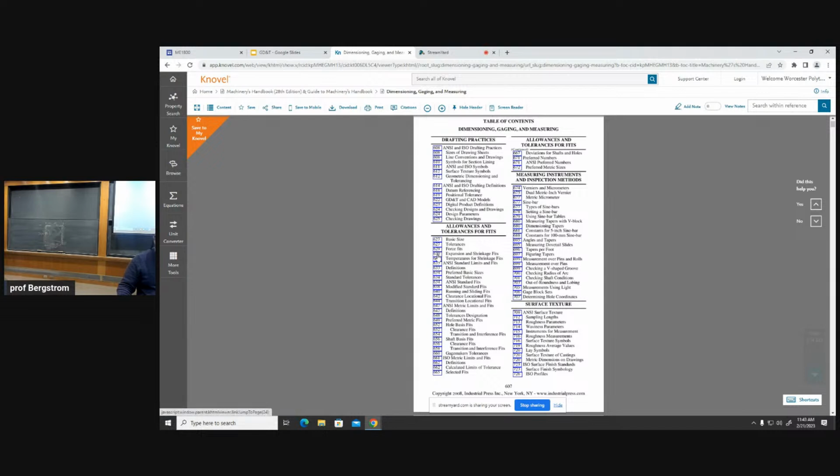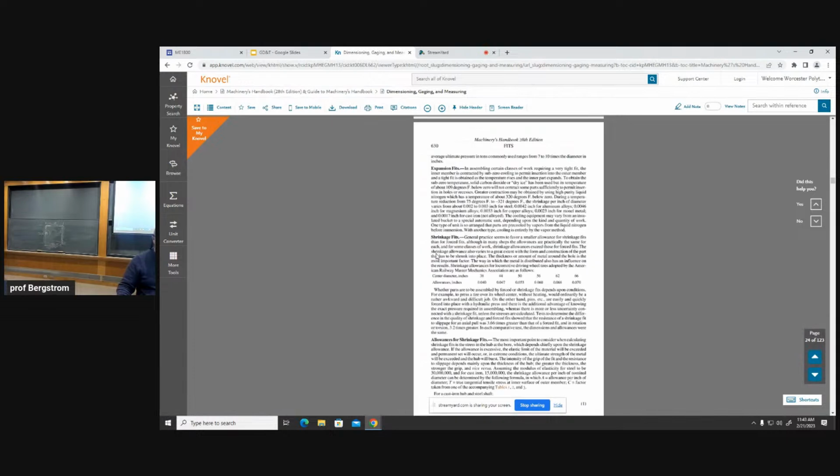So who's heard of shrinkage fit? How does it work? It works because of thermal expansion of metals. So you make a hole and you warm up the hole.